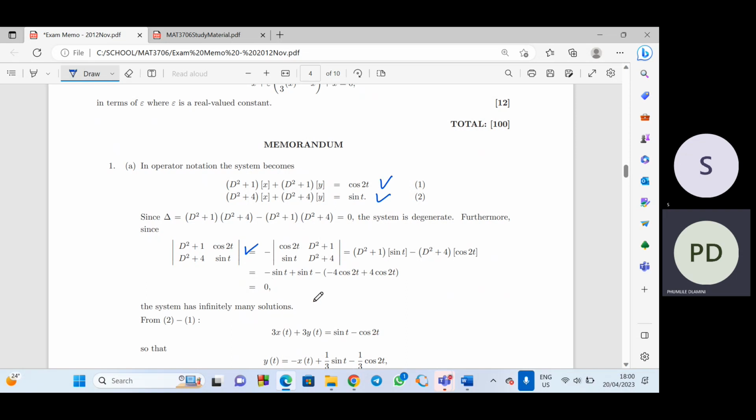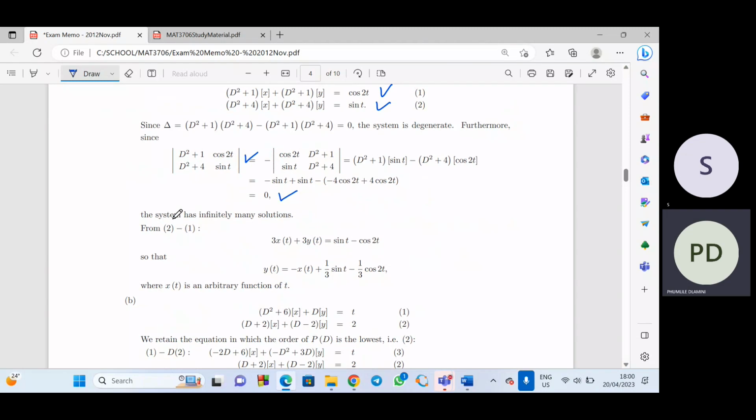I showed you that you can use the one or the other. After they used the second method, they got 0, which I got. Then they used equation 2 and equation 3, they subtracted. Then they even tell you that the system has infinitely many solutions, as I've already indicated to you.